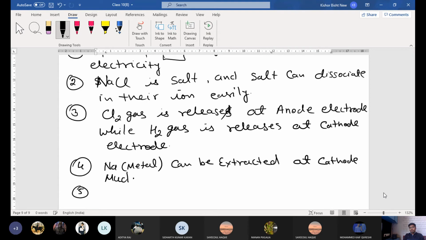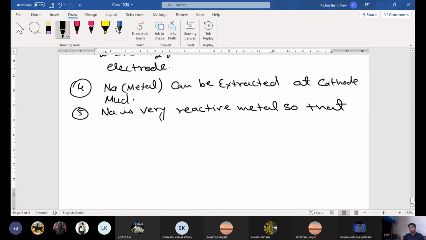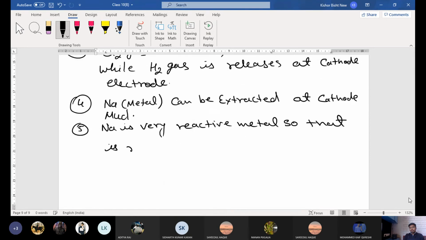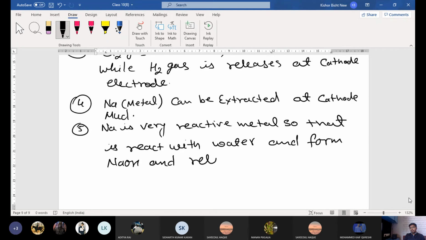Fifth point: Na is a very reactive metal so that it reacts with water and forms NaOH, sodium hydroxide, and releases hydrogen gas.